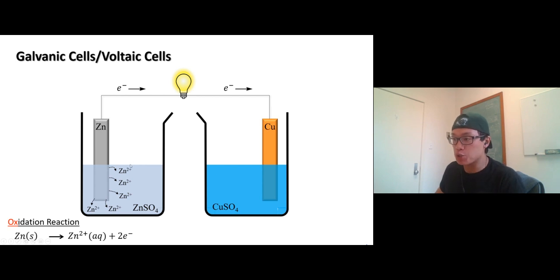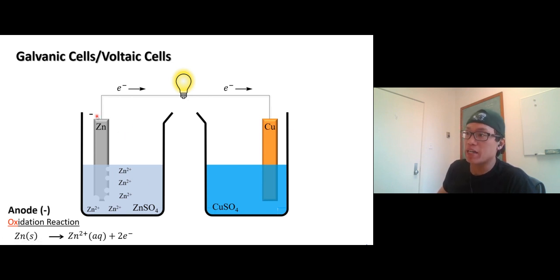As the reaction proceeds, we are losing zinc, so it would look corroded, because zinc is coming out into the solution. On this side, where the oxidation reaction occurs, we call this electrode an anode, a negative pole.